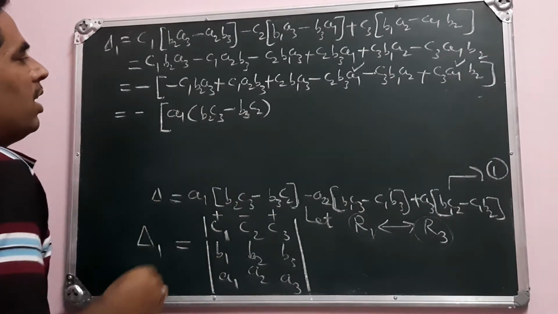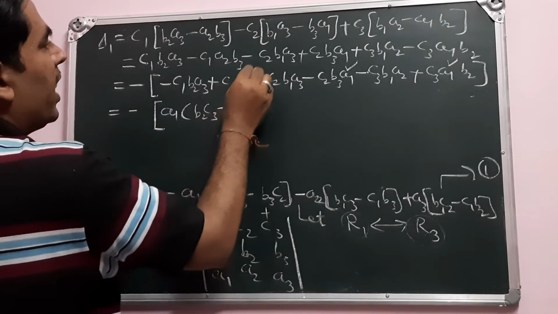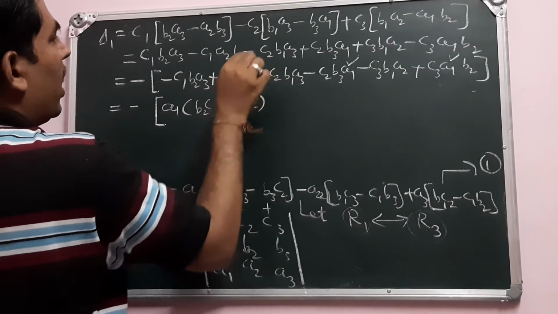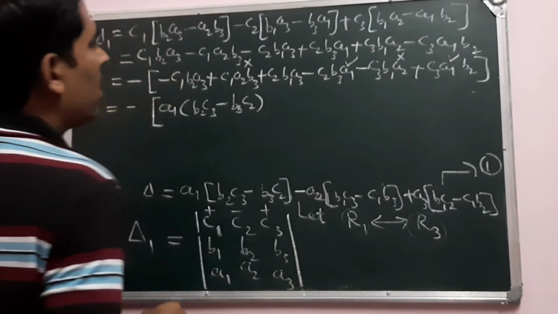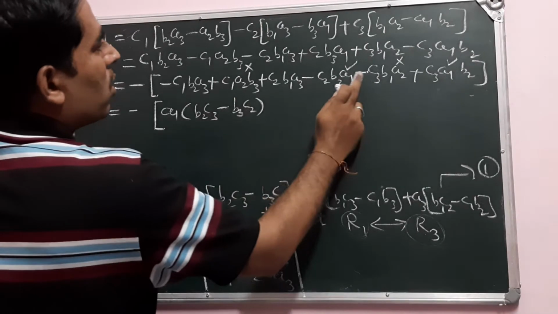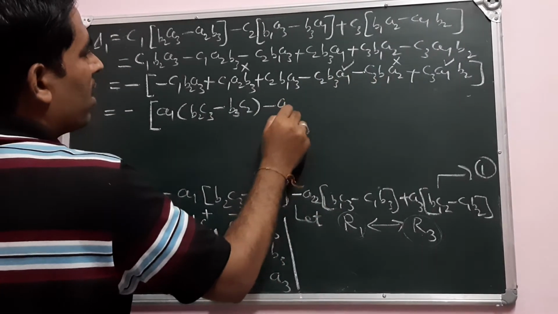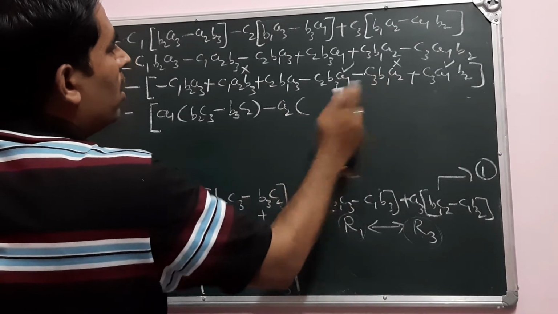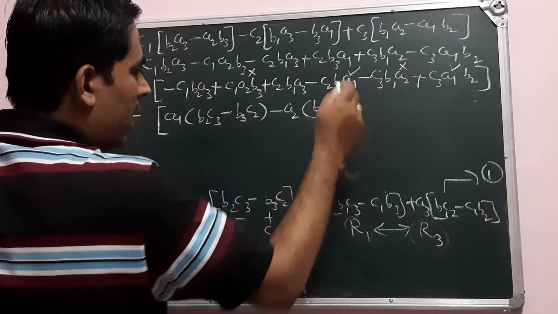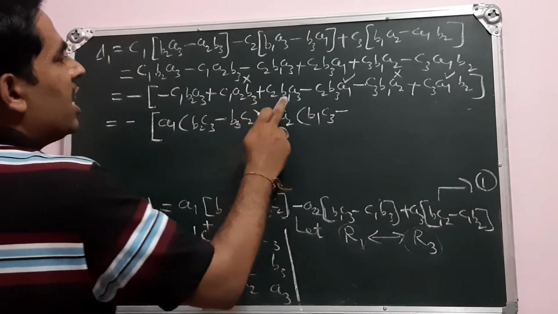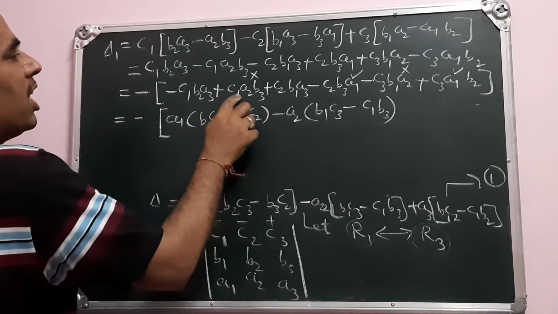Then you search for A2. What are the terms containing A2? This is the term containing A2, and here is the other term. So I will get minus, taking A2 common here, A2 into B1 C3 minus C1 B3.